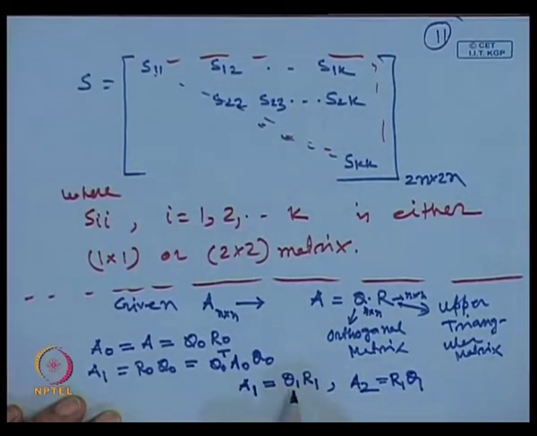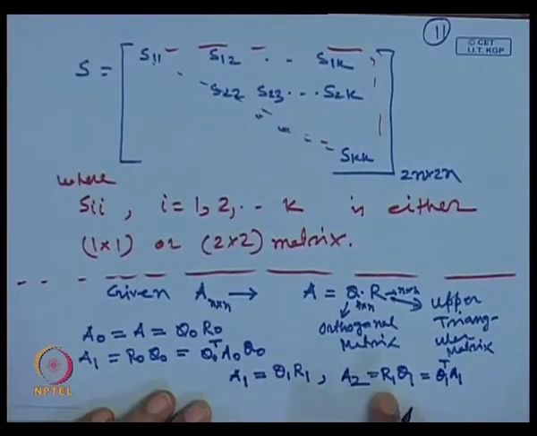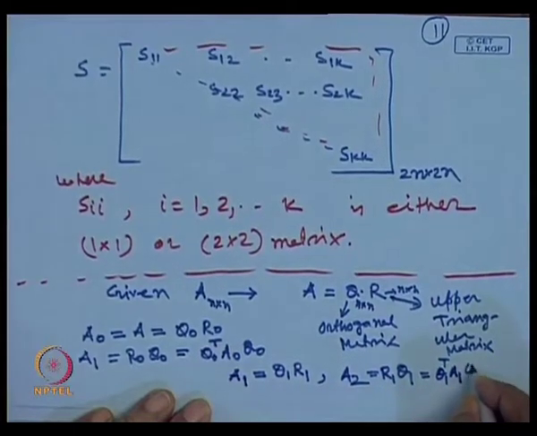So, what is our R 1? R 1 is nothing but Q 1 transpose A 1, so A 2 is Q 1 transpose A 1 multiplied by Q 1.